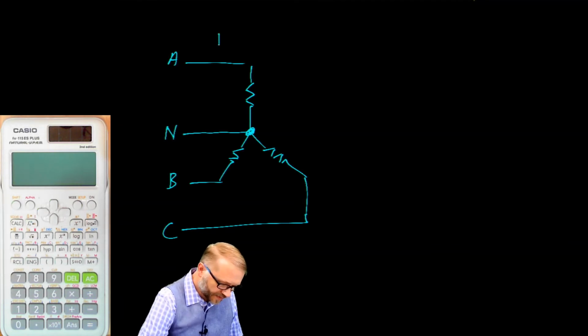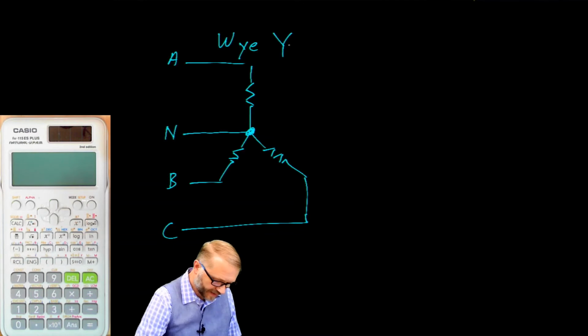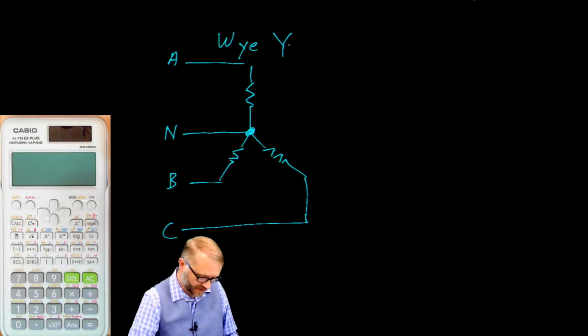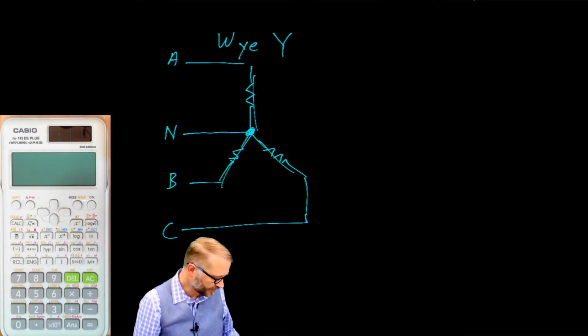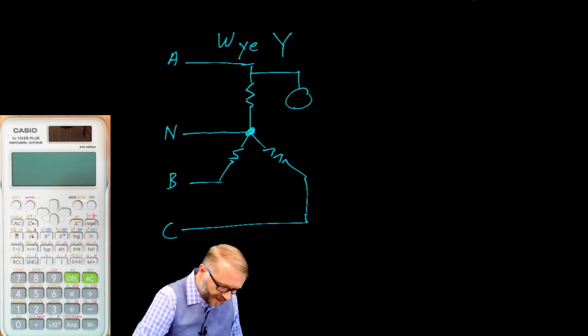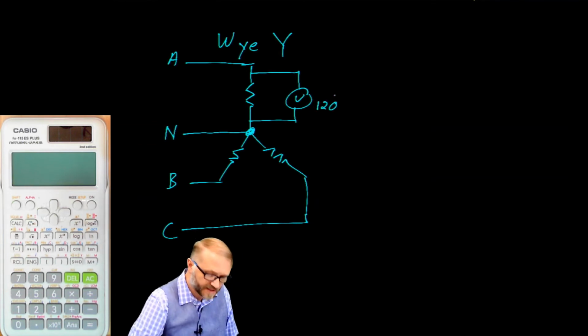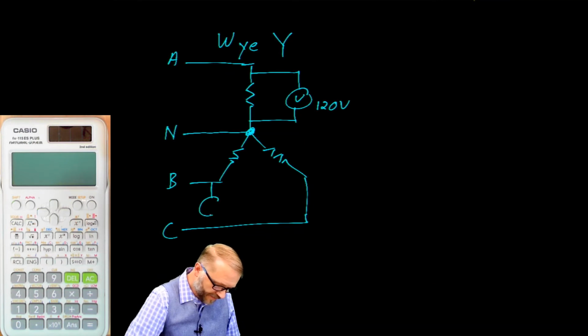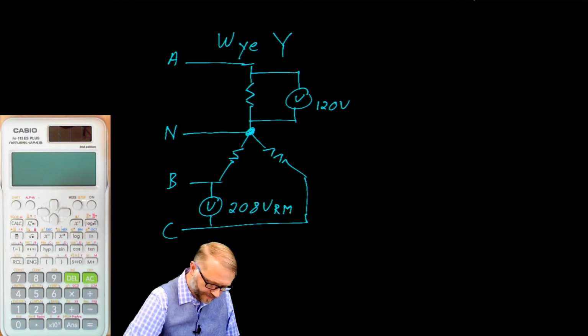This is an example of a Y connection because it kind of looks like a Y. Granted, it's upside down with these being the parts of the Y. If you were to measure across any individual leg, you would see 120 volts. If you were to measure from any phase to phase, you would read 208 volts, and that's RMS.